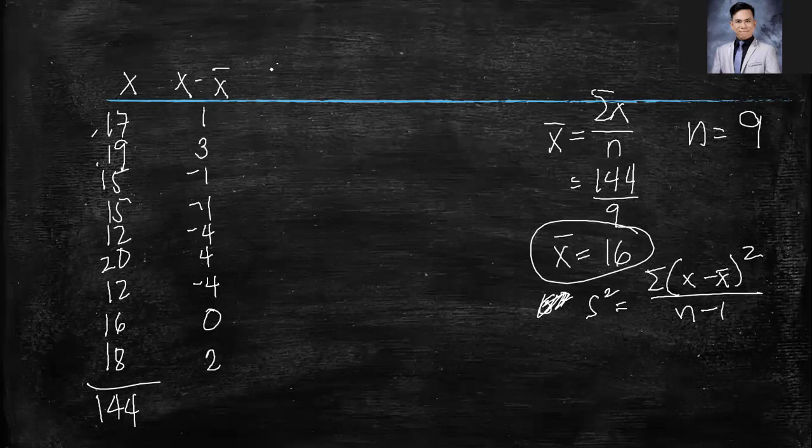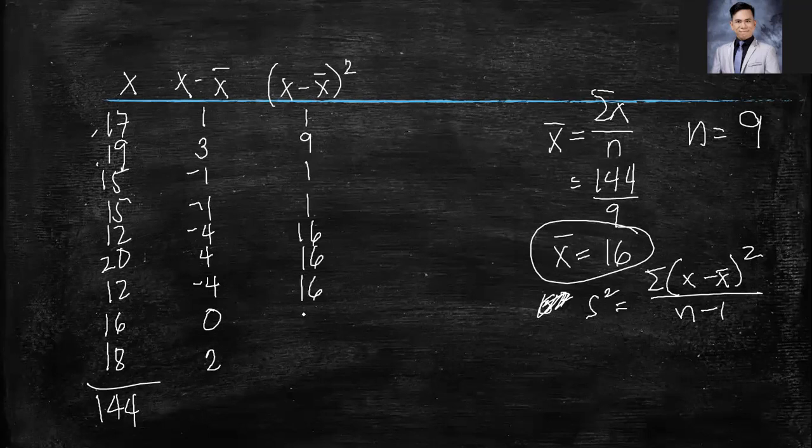Tama? And then square natin yan isa-isa. Swerte na naman kasi whole number. So 1 squared 1, 9, 1, 1, 16, 16, 16, 0, and 4. O, pakisum. 1 plus 9 plus 1 plus 1 plus 16 plus 16 plus 16 plus 4. Huwag na add si 0 kasi wala naman yung value.